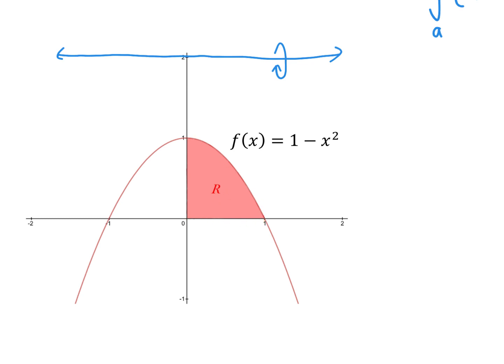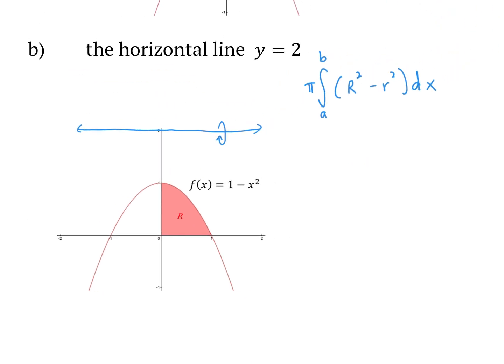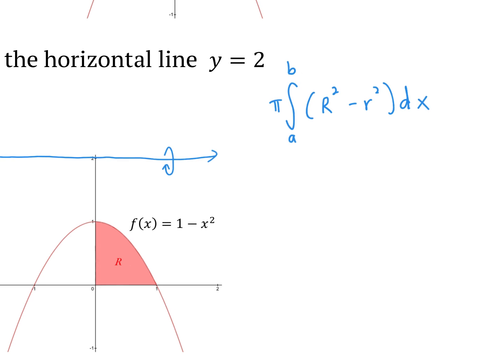Because when you rotate this, there's going to be a hollowed out section. This will be the outside of that hollowed part. This will be the inside. Okay, and so the big R in the formula represents the outer radius, and the little r represents the inner radius. So this outer radius is always bigger than the inner radius.